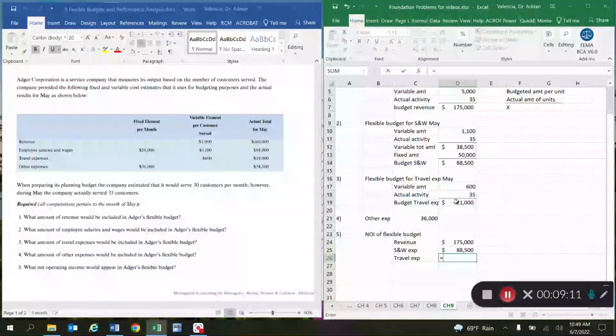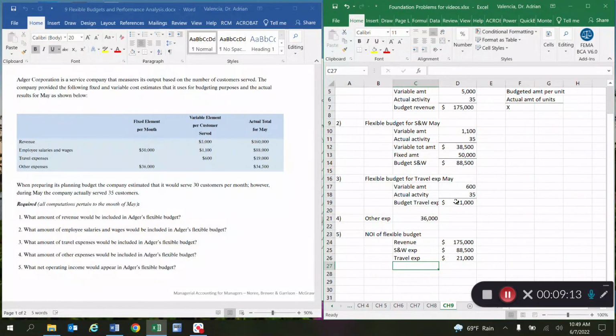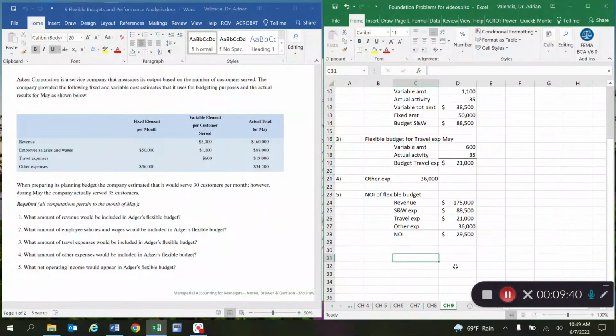That was 21,000. And then finally other expenses, which was the 36,000. So when we get the result here, we find that the net operating income is going to be, bear with me as I subtract these out, 29,500. Okay, so this is our flexible budget.